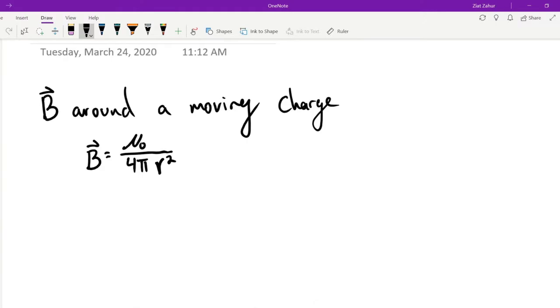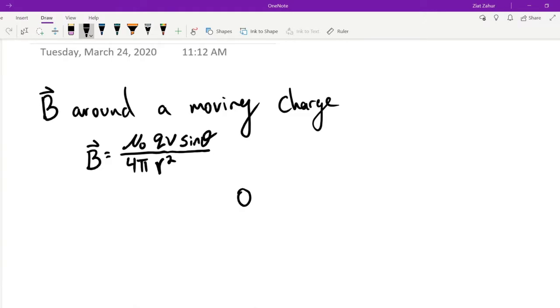Instead of current, we're going to use q and v. And of course we need the sine theta, because it is technically still a cross product.